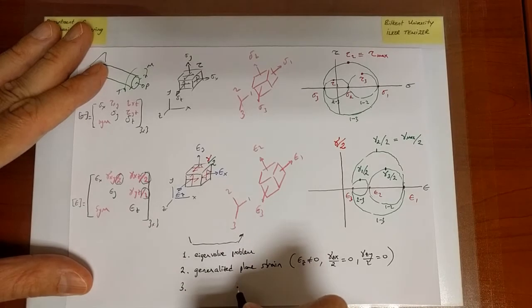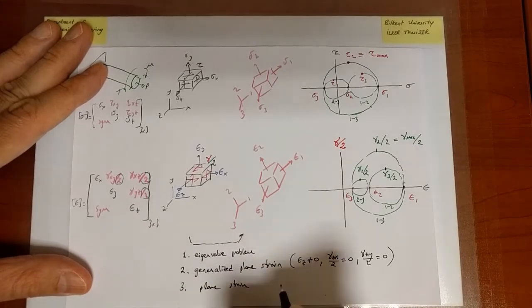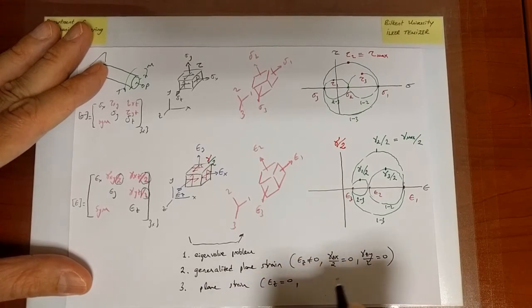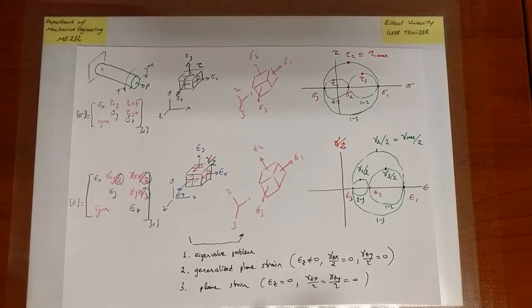Now, there is also a state of plane strain. And in a state of plane strain, we additionally have epsilon z equals 0 in addition to having gamma zx and gamma zy equals 0. Of course, again, remember the discussion. This direction could have been x, y, or z. In any case, we have at most one shear strain that is not equal to 0.